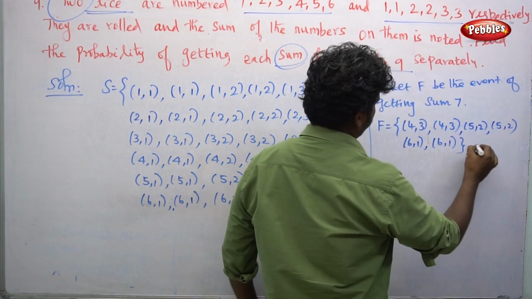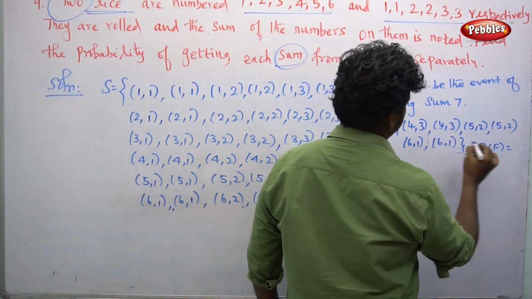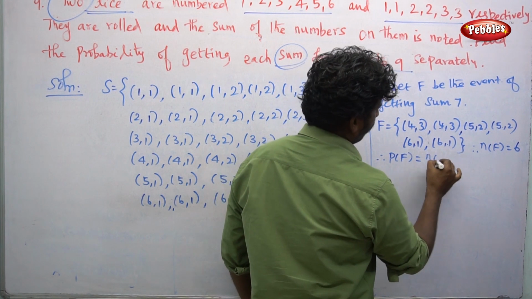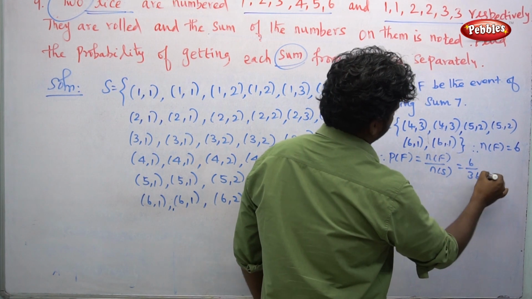So therefore n of F is equal to 6, therefore P of F is equal to n of F by n of S is equal to 6 by 36.